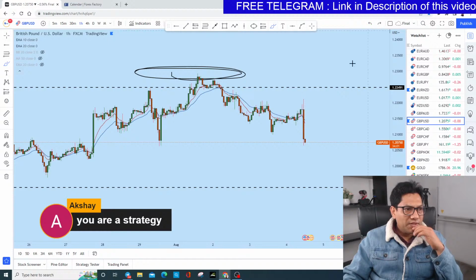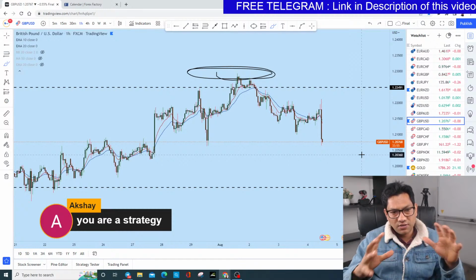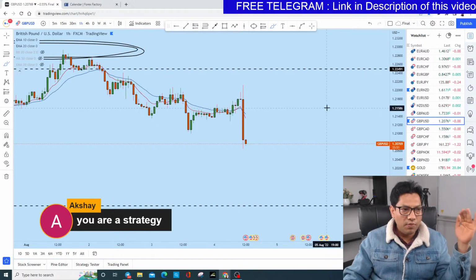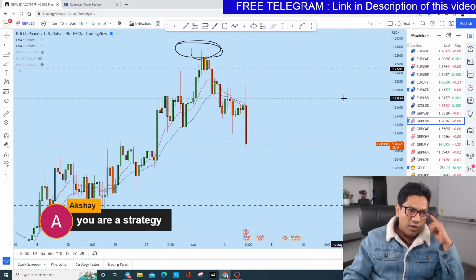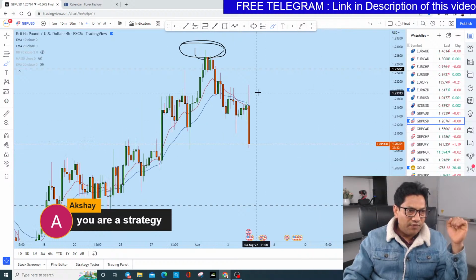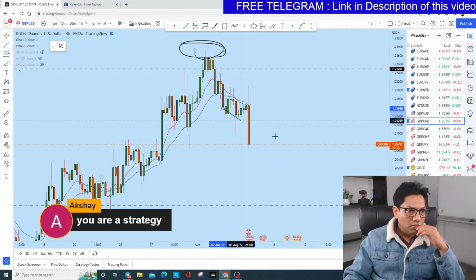When you come to very low time frames, you can't find a definite place for a retest. There will be a lot of ups and downs. Better to wait until this candle closes in 33 minutes. If it closes like that, probably along this zone, from this support we could find a selling opportunity.